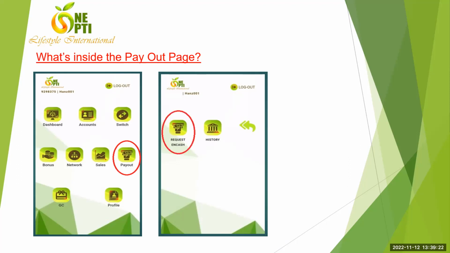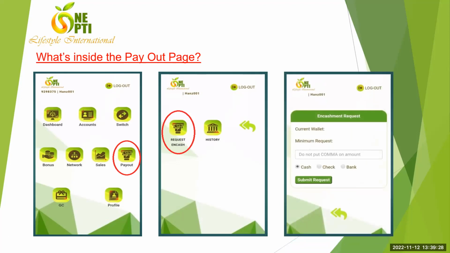If you would like to do an encashment or request for cash, this is the page that will come up. You just have to enter the exact amount that you wish to redeem. For this example, let's say I have 100,000 pesos in my wallet, which means that those are my earnings, and I prefer to redeem 50,000 or 100,000.